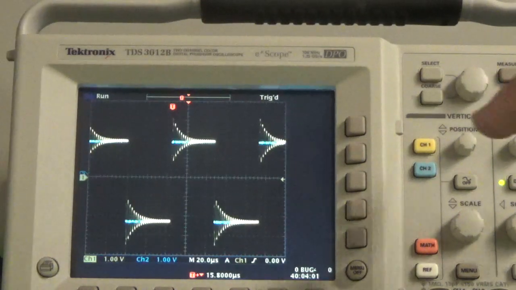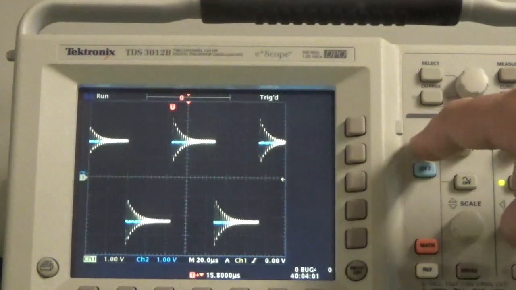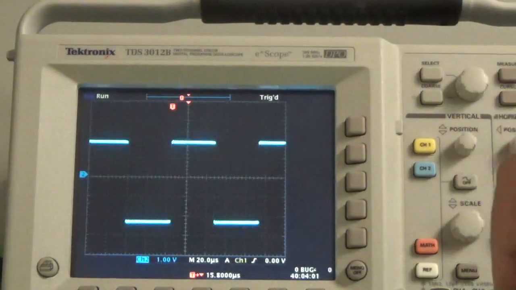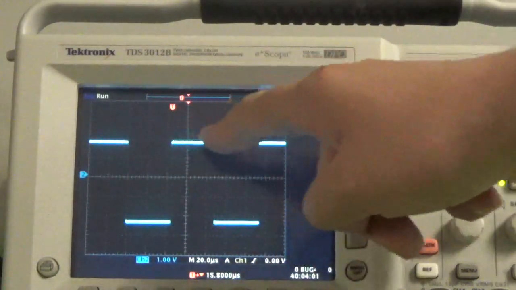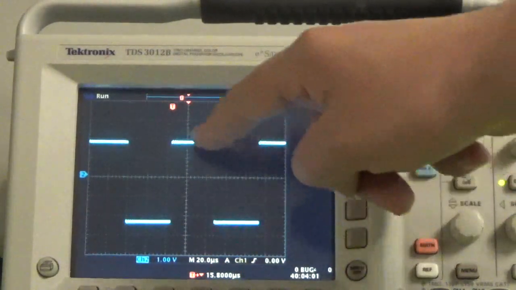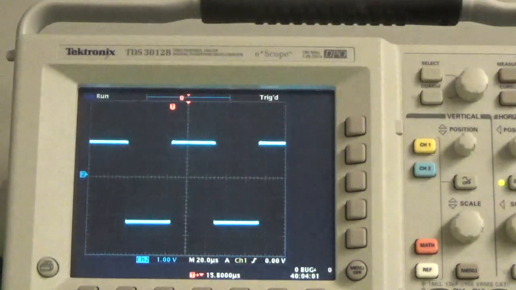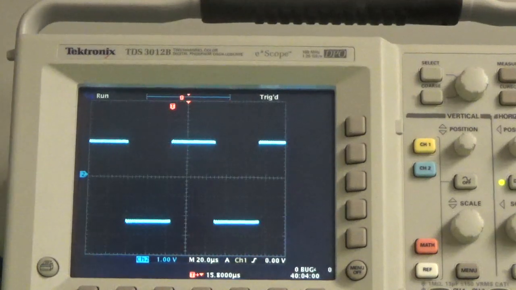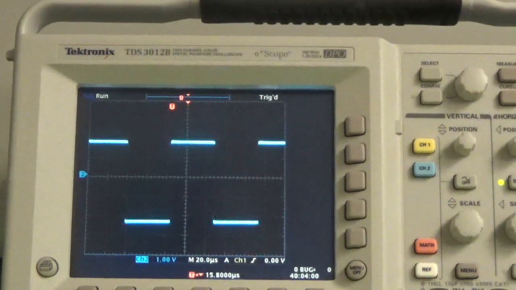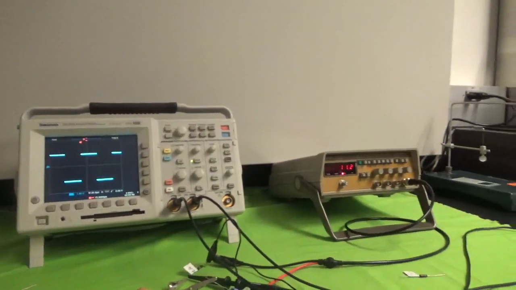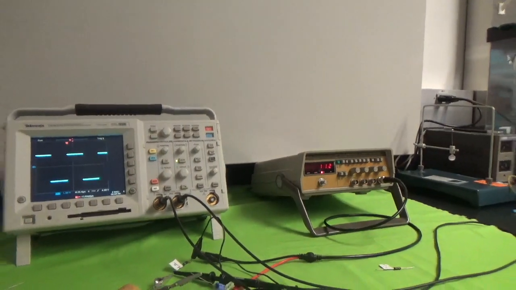The next thing that I will do, as you can see, I will remove the yellow signal, which is across the resistance. We are using a square wave from the power supply, but the next step in this lab requires us to adjust the input signal to be a sine wave instead of a square wave.